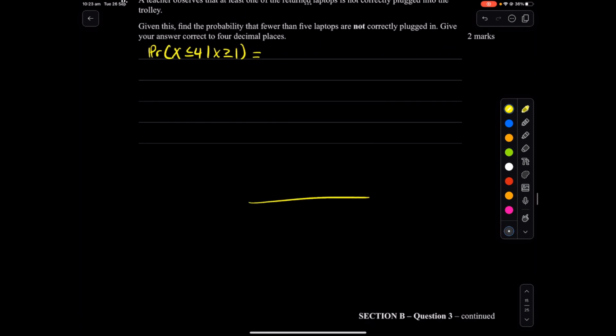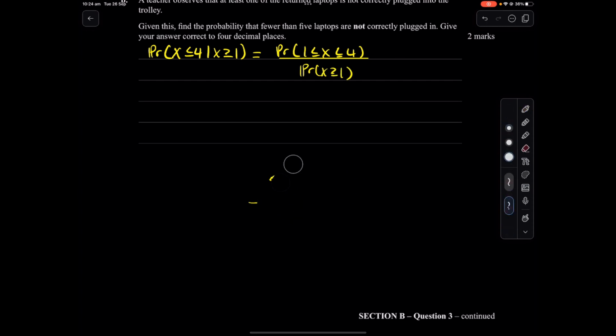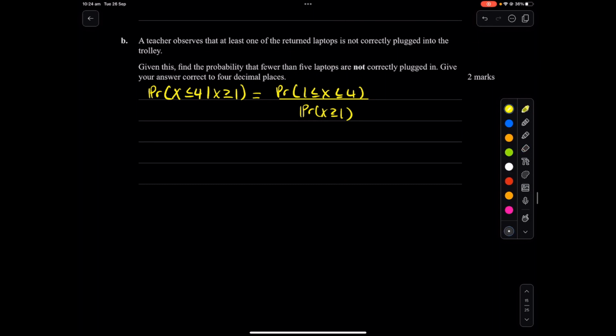If I draw a timeline, say that's 1 and that's 4, this goes this way and this goes that way. So the intersection is 1 is less than or equal to X less than or equal to 4, all over the probability of X greater than or equal to 1.